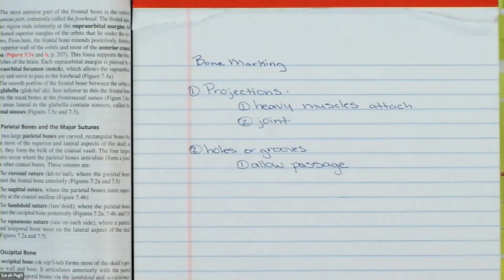If it's a groove, it's allowing big muscles to sit in that location. So as we go over all of these bones and bone markings today, keep in mind that you're either going to have this thing because it's a projection and you've got heavy muscles attaching or you're forming a joint, or it's a hole or a groove and it's allowing the passage of something.